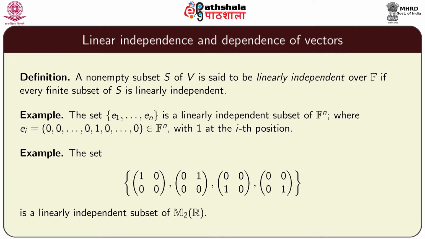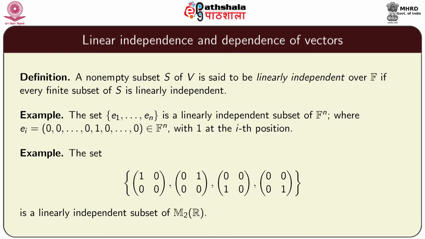Why is it so that it is linearly independent? So, we have to prove that if A1, A2, ..., An are from the field F, and if A1 E1 plus A2 E2 etc. up to An En is the 0 vector, then A1, A2, ..., An must be all 0.